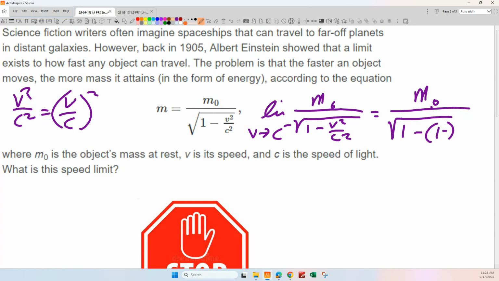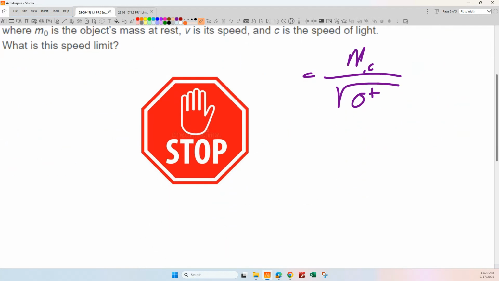Agreed? So this looks like m naught over the square root of 0 plus. Well, what's the square root of 0 plus? 0 plus, right? It's just a small positive number.